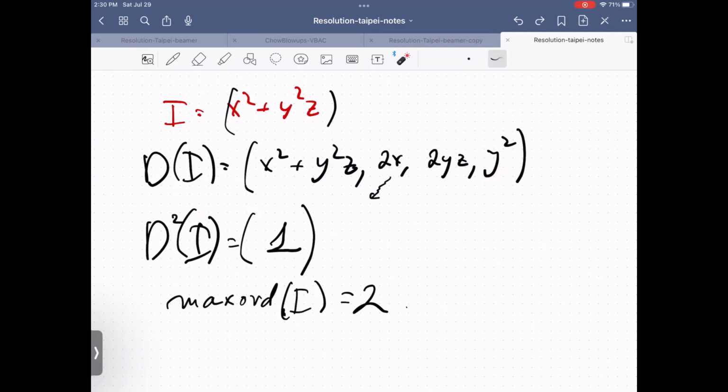So the handle is the locus of order 2, but in fact, this is the correct non-reduced structure of that locus. There's a little bit of extra stuff at the pinch point. The vanishing locus set theoretically is the handle, the z-axis, but there's something at the origin, because this is not just (x, y).